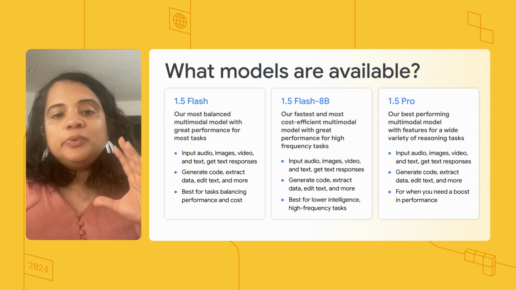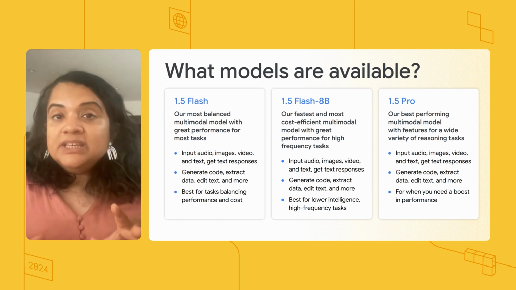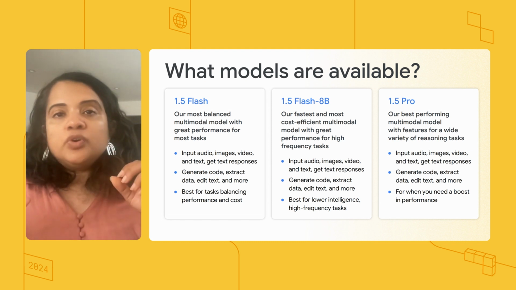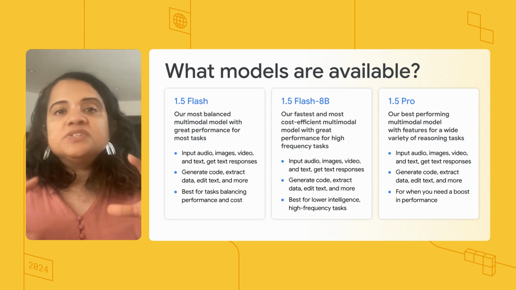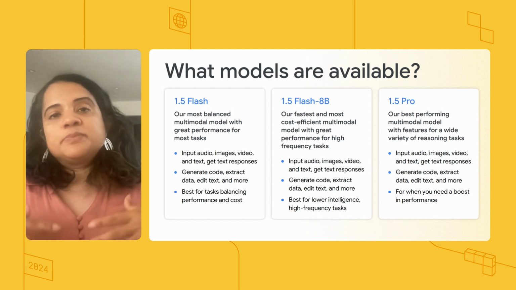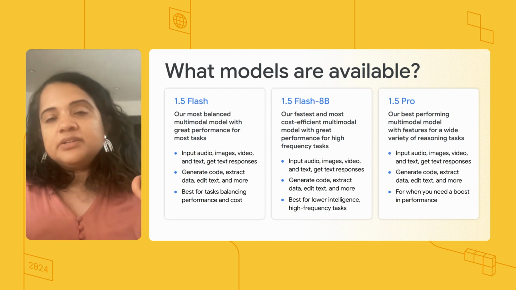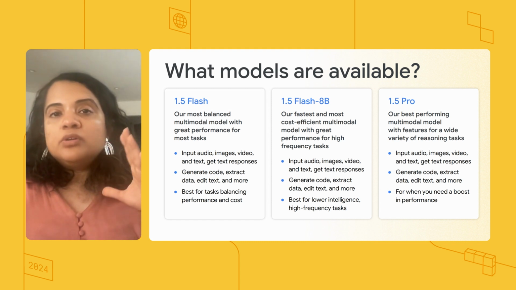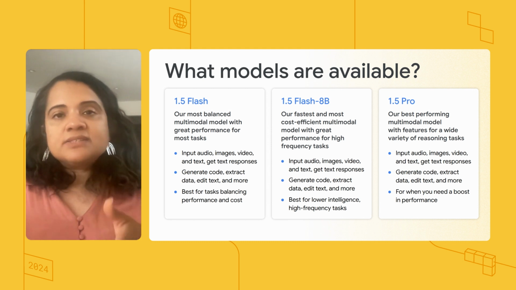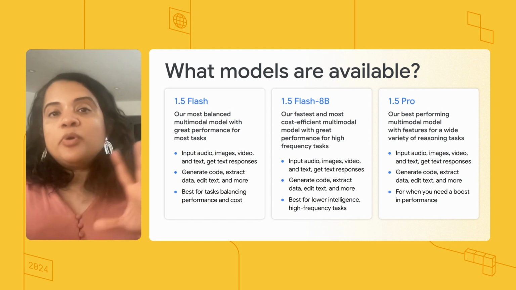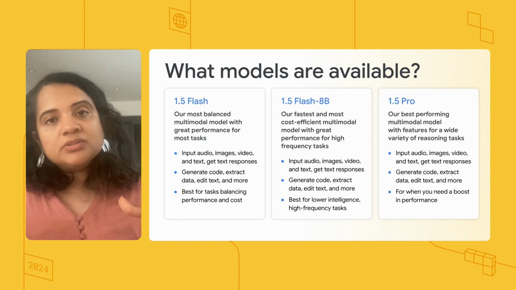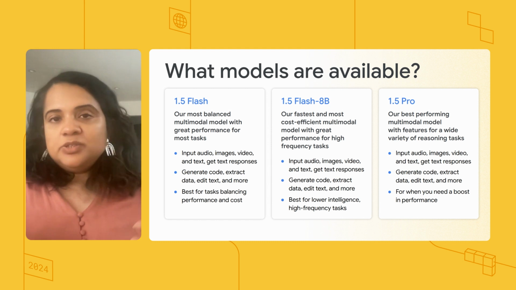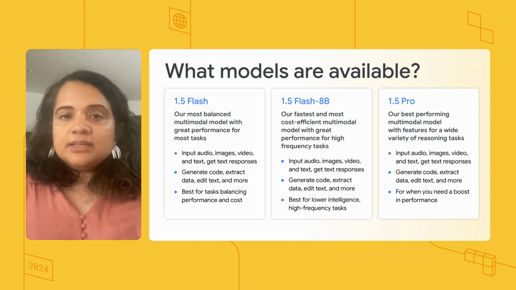We have 1.5 Flash 8B, which is a small but mighty model, which you can use for lower intelligence but high frequency tasks because the cost is really competitive on this one, as well as low latency. And for the tasks which need maximum quality, we have 1.5 Pro. So these are our 1.5 series of stable models.